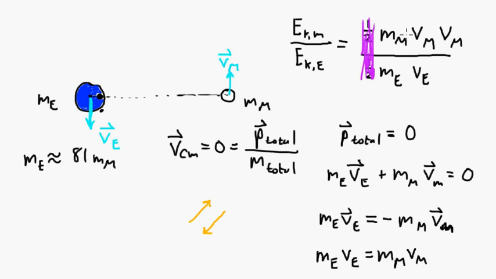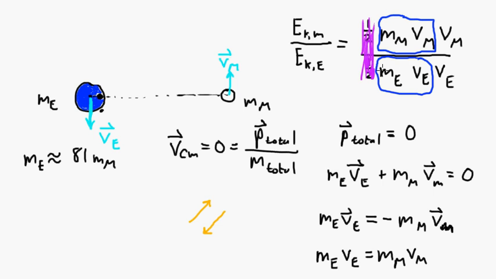And now we'll look at this: M_E V_E is equal to M_M V_M. So the things I've circled in blue are the same. So these cancel out because they're equal.